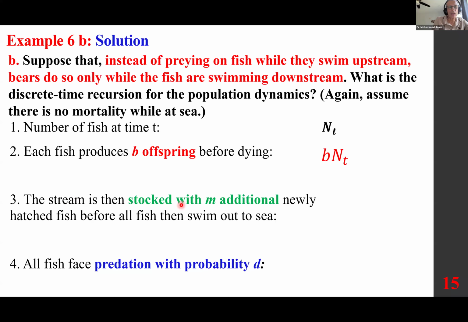Then we add M. The stream is then stocked with M additional newly hatched fish before all fish then swim out to sea. So add M. Now at the end, all fish face predation with probability of D. That means, again, if D is 10%, 90% remains. So 1 minus D times that, and that's the number we get in part B, 1 minus D times B N sub T plus M.